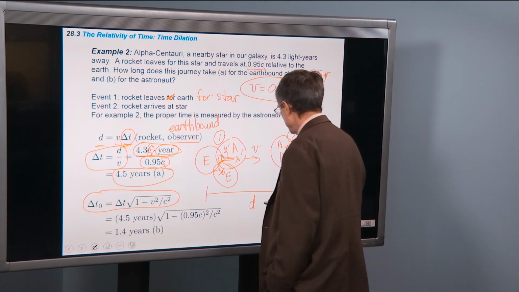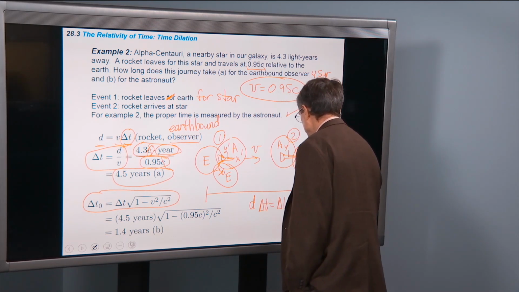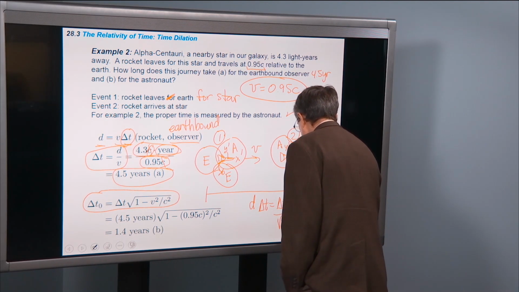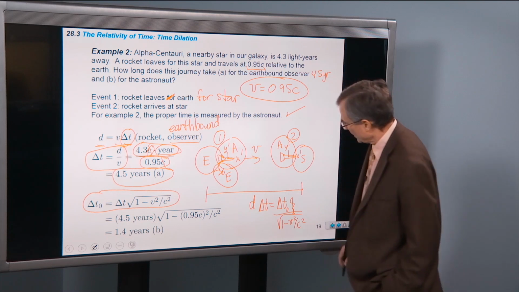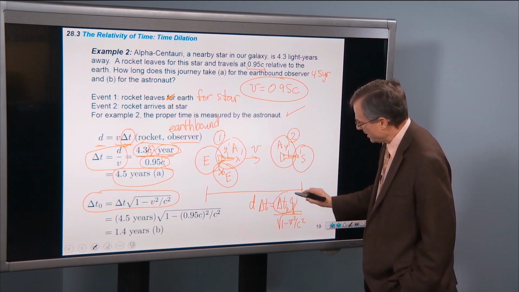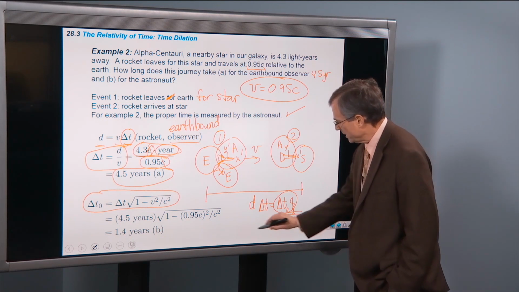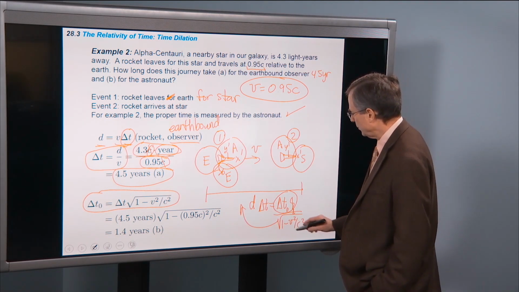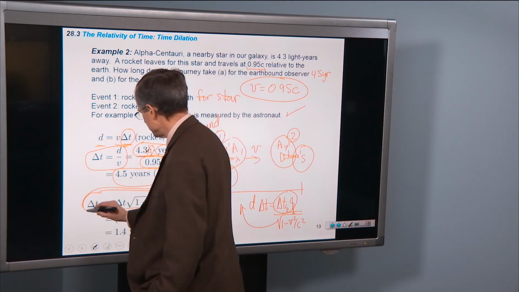The way that it was written in the concept and the way that we derived it is delta t equals delta t naught over the square root of 1 minus v squared over c squared. But I want the proper time right now. So I'm going to multiply both sides by this ugly square root, and delta t naught will be delta t times the square root of 1 minus v squared over c squared. So that's this equation here.